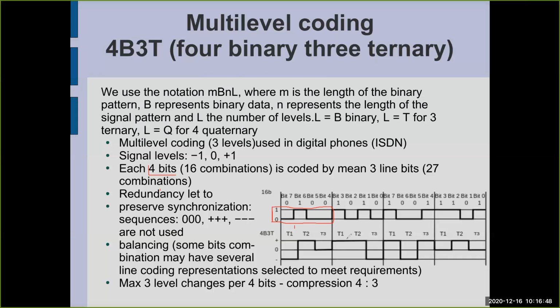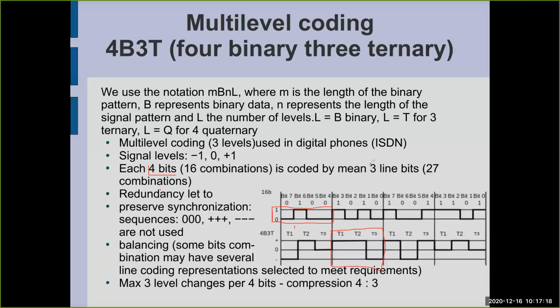So I have plus V, minus V, and so on. Every 4 bits are coded using at most 3 level changes in the signal. So we have fewer level changes in the signal, but we have to have more voltages here.